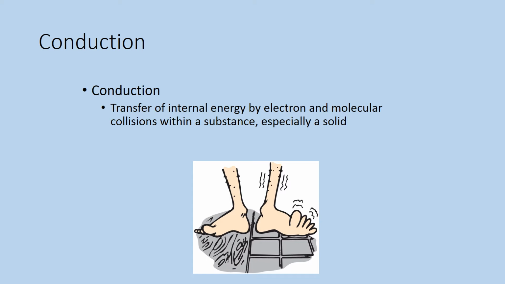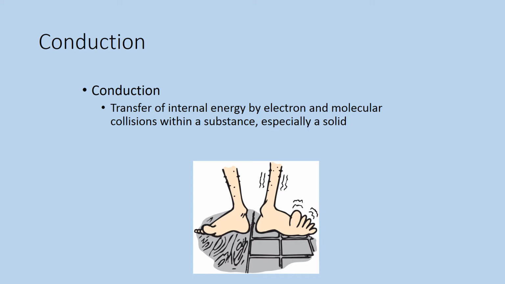In this particular case, what's happening is that the jiggling of the electrons from the atoms or molecules in the concrete is causing increased jiggling of the electrons in the feet of the individual, and that is felt as heat or as an uncomfortable hot temperature when that thermal contact occurs.